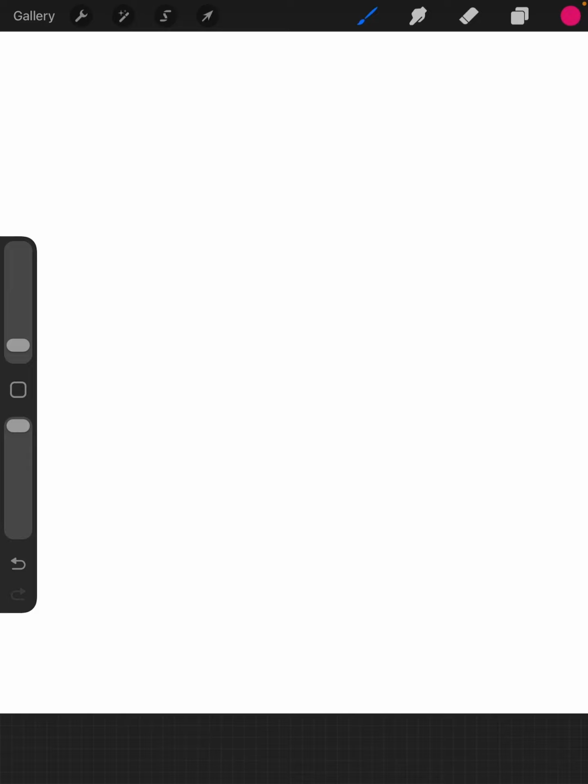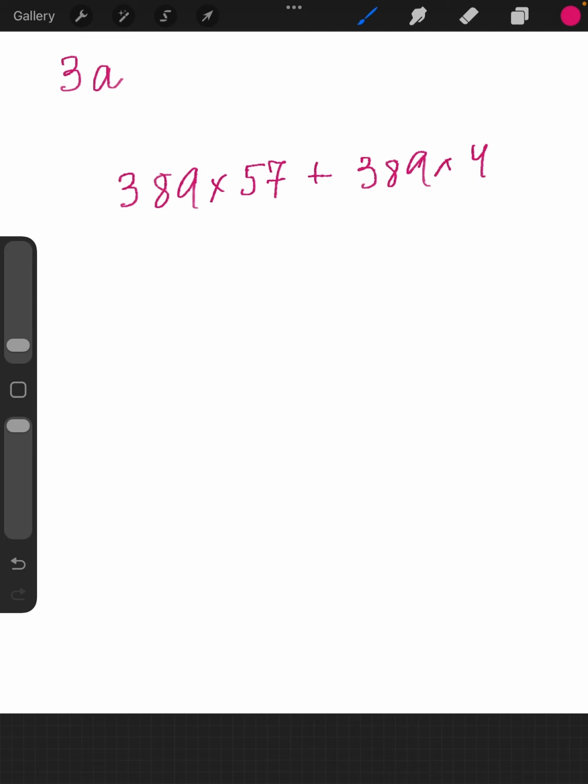Okay, so let me just give you one more example from Math at Work on the same page, page 109. So it's example 3A, exercise 3A. And the exercise is 389 times 57 plus 389 times 43.